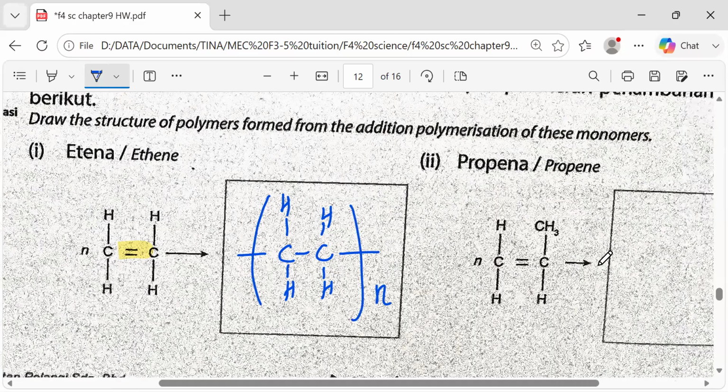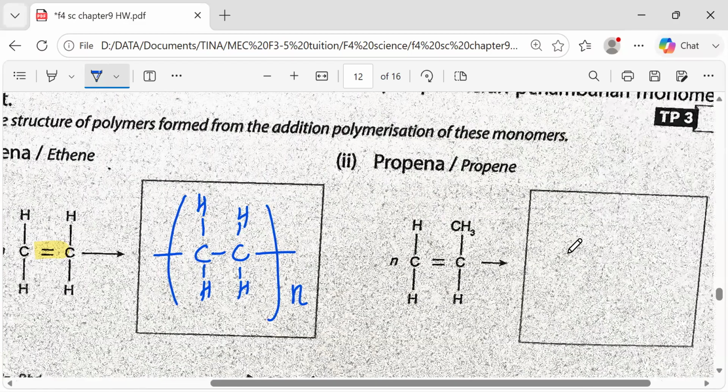Can you do the same for here? How do you think it would look like? Exactly the same concept. Draw the polymer.